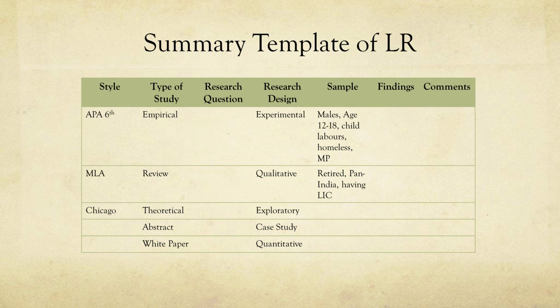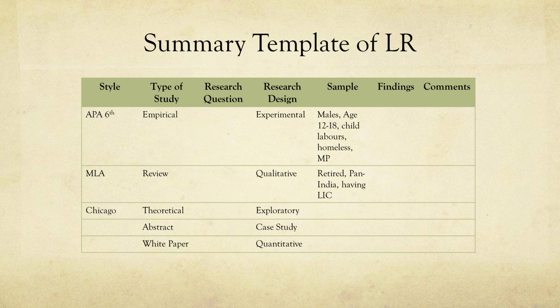So I'll try and collect the data similarly, and maybe I'll go directly to the child labourers, I'll ask them. So my sample would be all the child labourers who are homeless and living in Madhya Pradesh from the age group of 12 to 18. And whatever findings are there of my study, you write that in those columns, and then you write the comments on that.